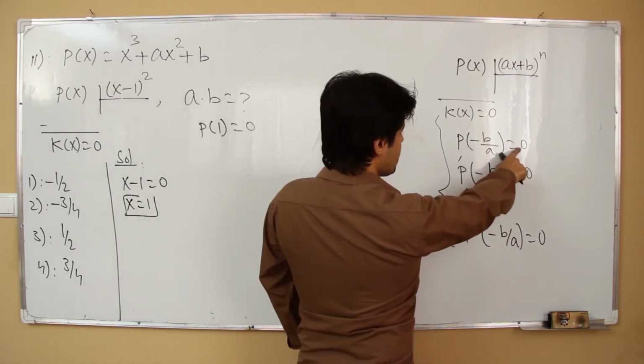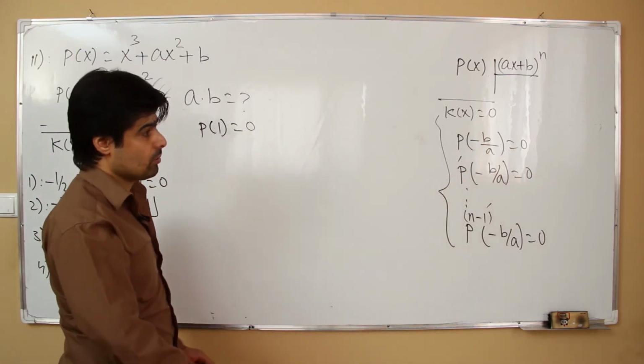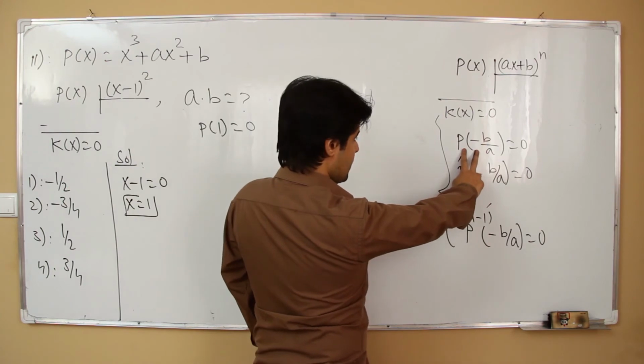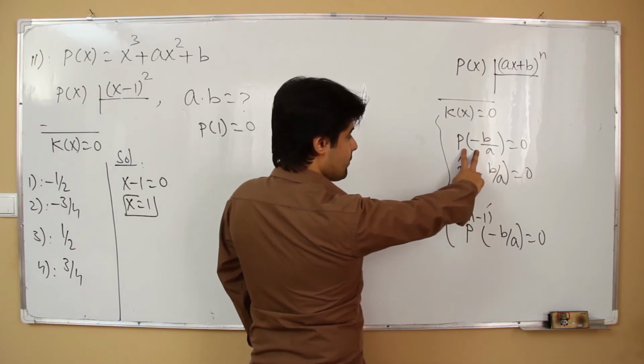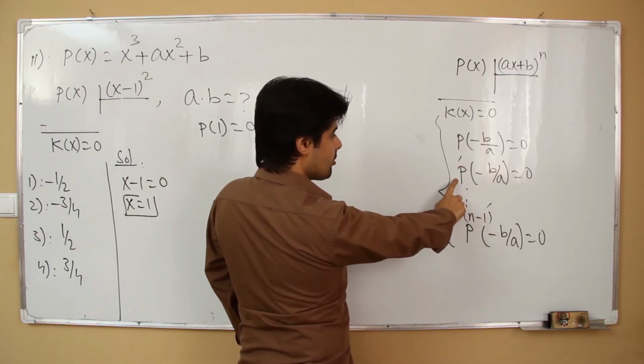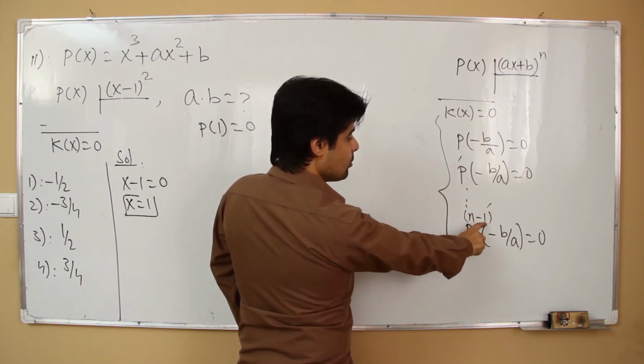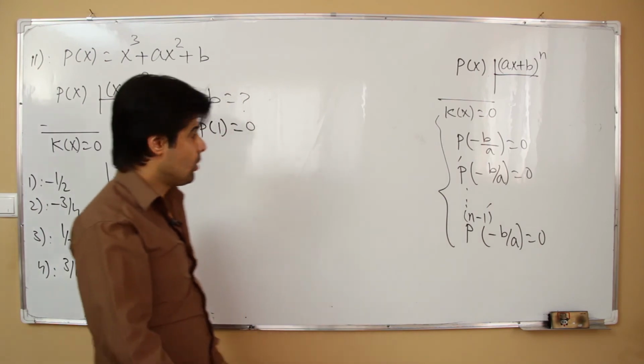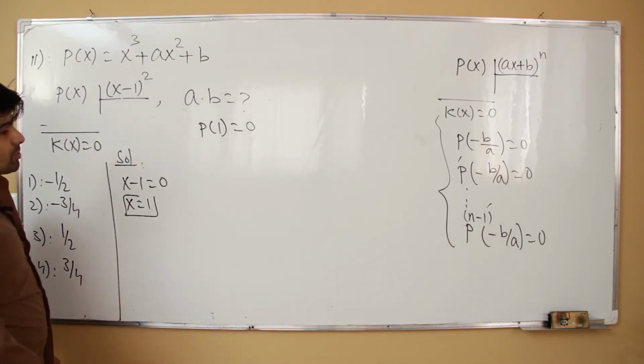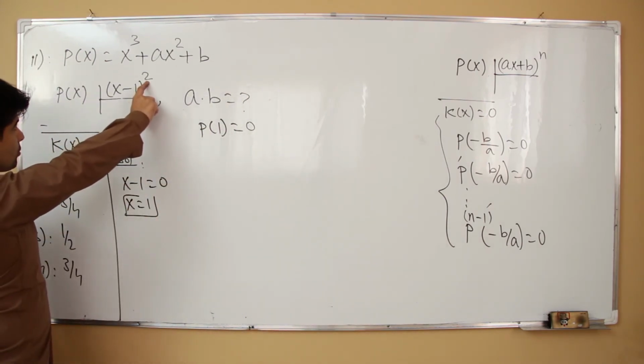P(minus b divided by a) should be equal to 0. If you find the answer, then it's correct. If you couldn't find it, then take the derivative of P(x): the first derivative, the second, up to n minus 1. It means you have the permission up to which derivative? 2 minus 1, which is 1.